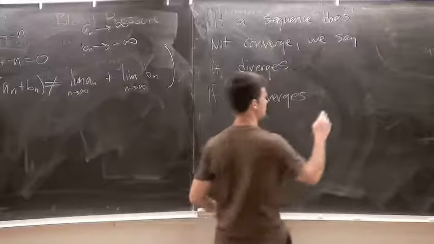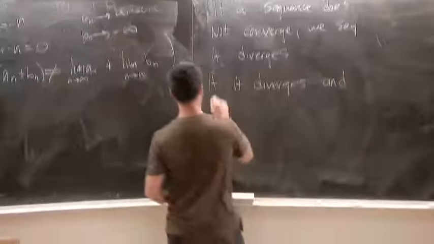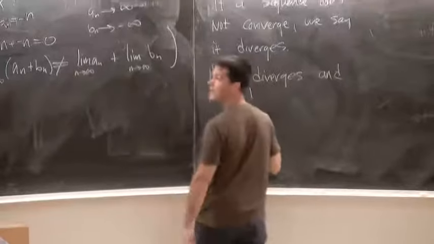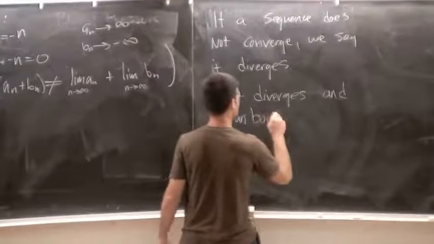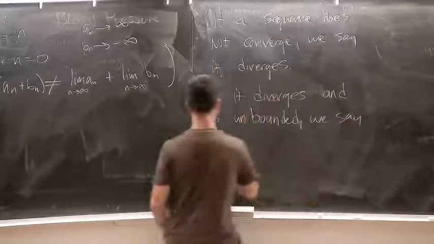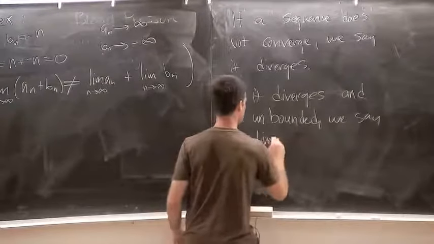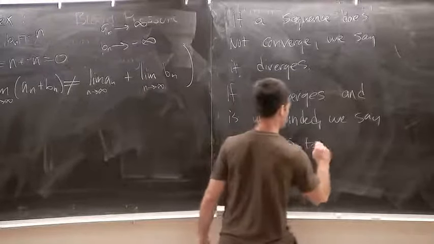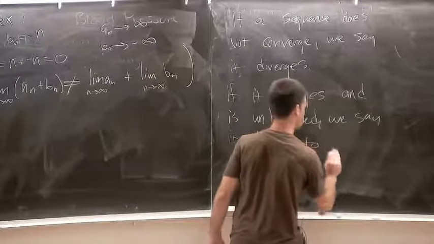If it diverges and is unbounded, and I'm going to give you that definition shortly, we say it diverges to infinity.